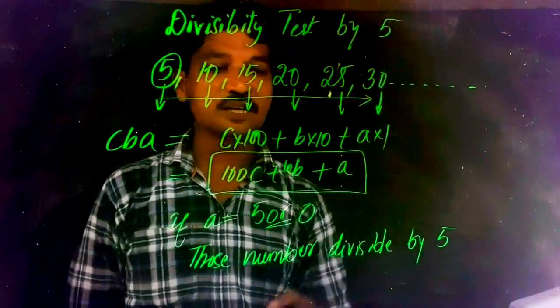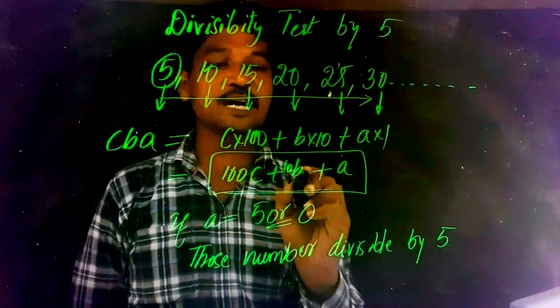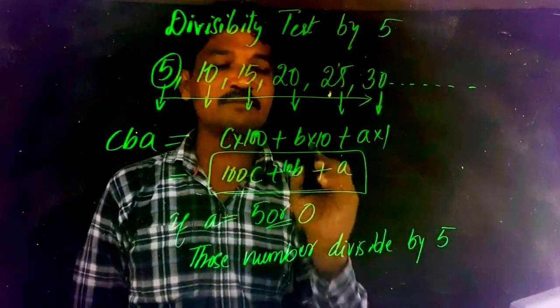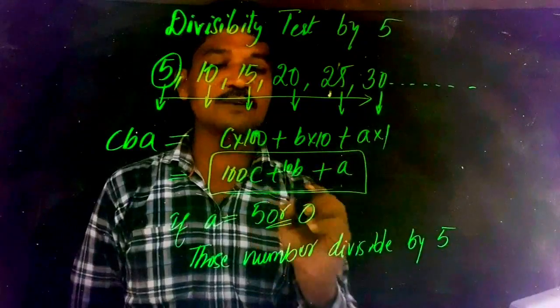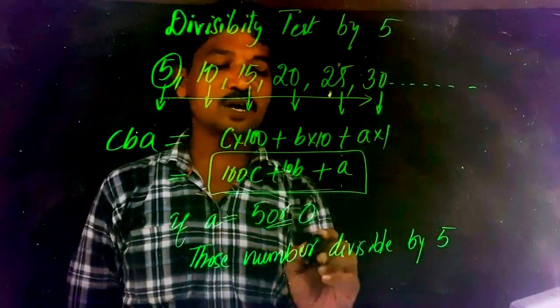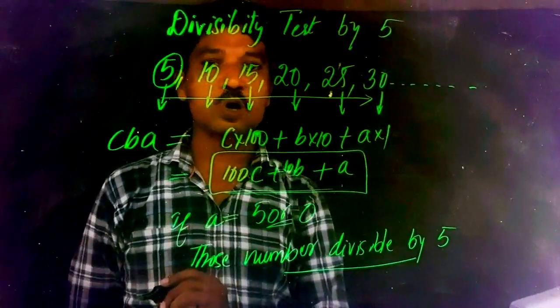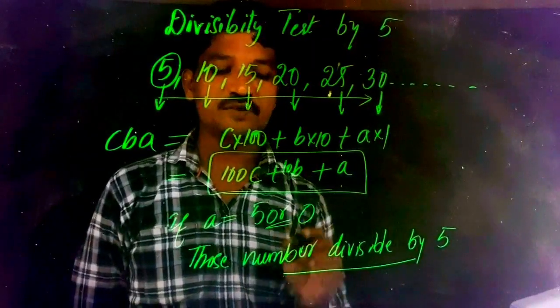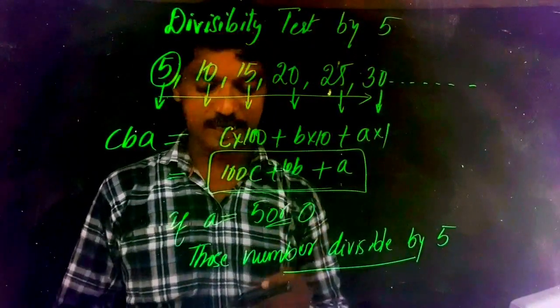Got it? What is the general formula? 100C plus 10B plus A. When the A value is 5 or the A value is 0, all those numbers are divisible by 5. Got it? Okay. Now.